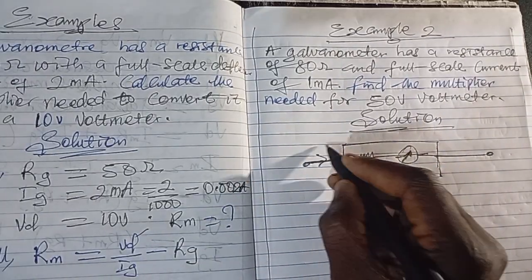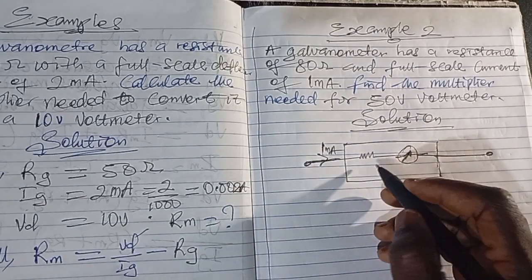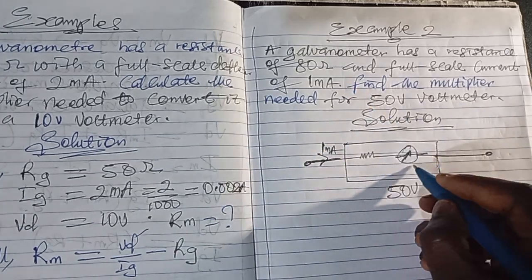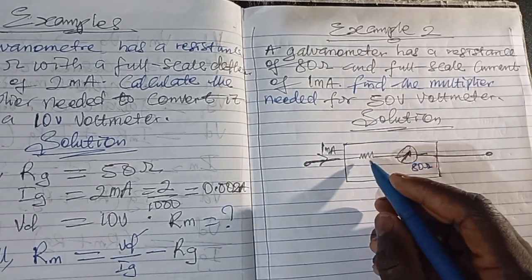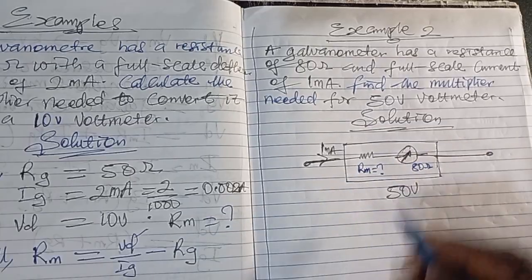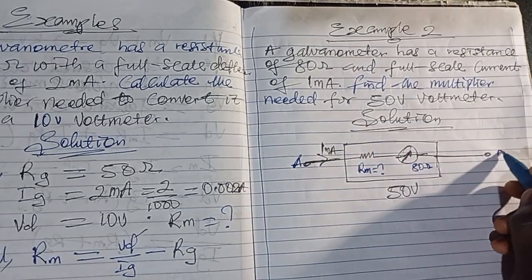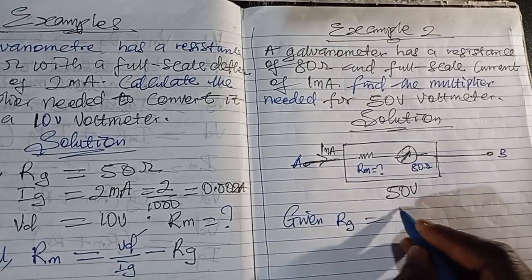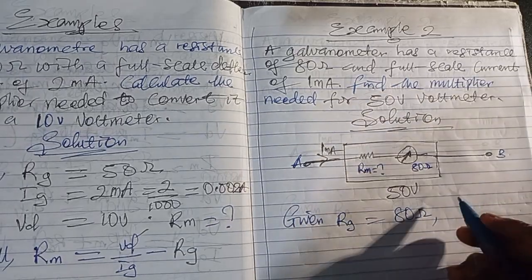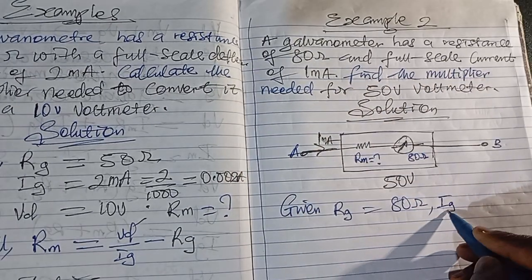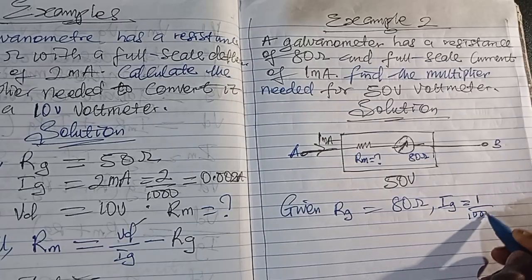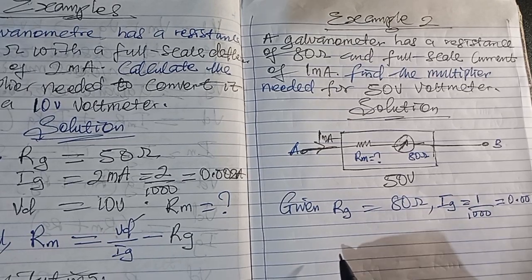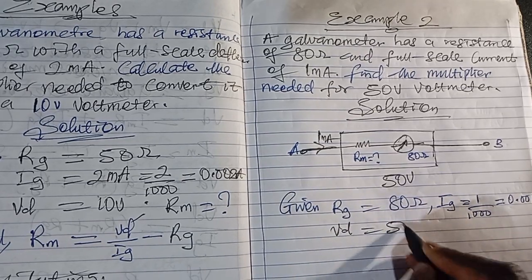So we have 1 milliampere here, then 50 volts, then 80 ohms. Our Rm is unknown. Good. Points A and B. Given Rg as 80 ohms, then Ig is 1 divided by 1000, which is 0.001 ampere, and Vd is 50 volts.